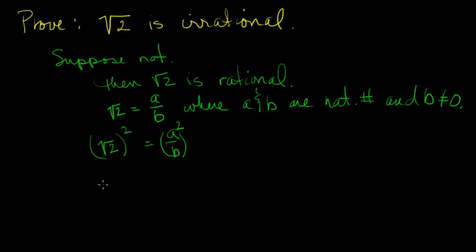And that would tell us that the square root of 2 squared, which is 2, is equal to a squared over b squared. And now let's multiply both sides by b squared, so we have 2 times b squared is equal to a squared. So we know that if the square root of 2 is rational, then it is the quotient of two natural numbers, a and b, and that 2 times b squared is equal to a squared.